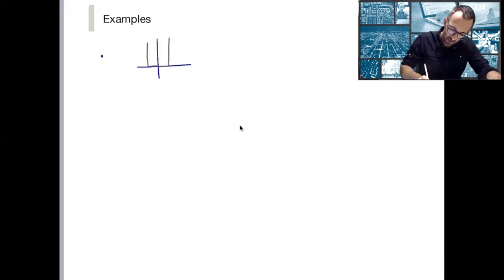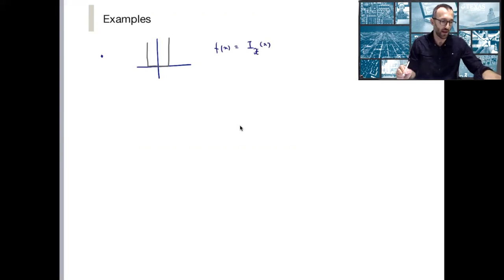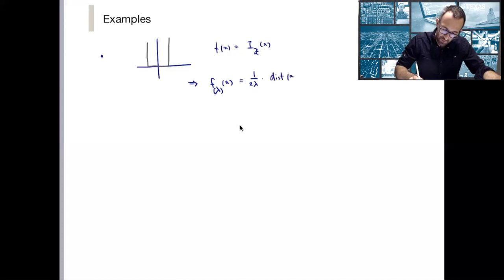So let's take f of x equal to the indicator function of some convex set C. Then the smoothing of f becomes a distance function to the set: 1 over 2 lambda times the distance of x to C squared.